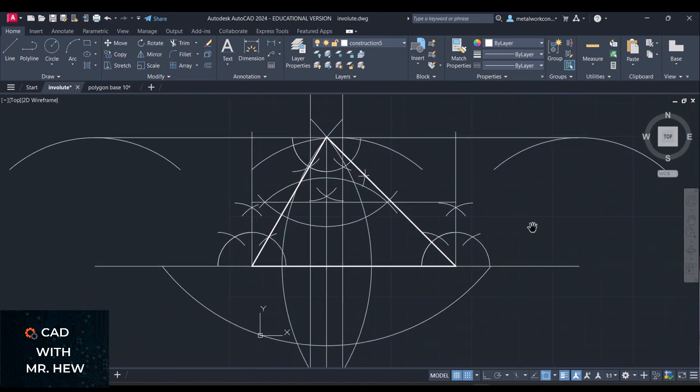What I proceeded to do was to construct a rectangle which is equal in area to this triangle. And this is it right here. So this is a rectangle. I want a rectangle equal in area to the given triangle.